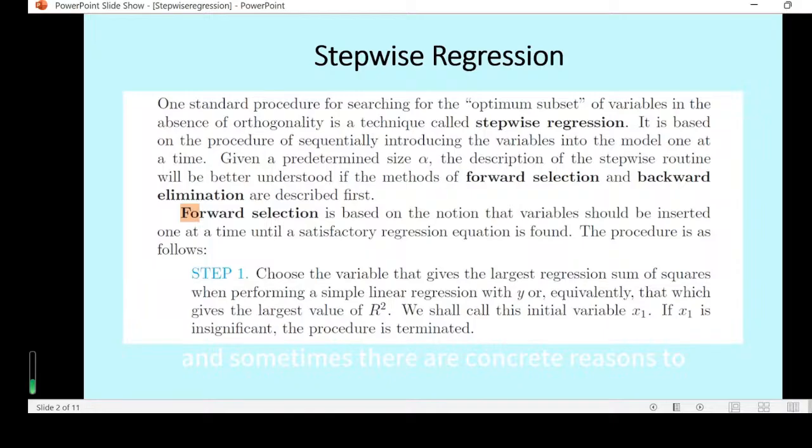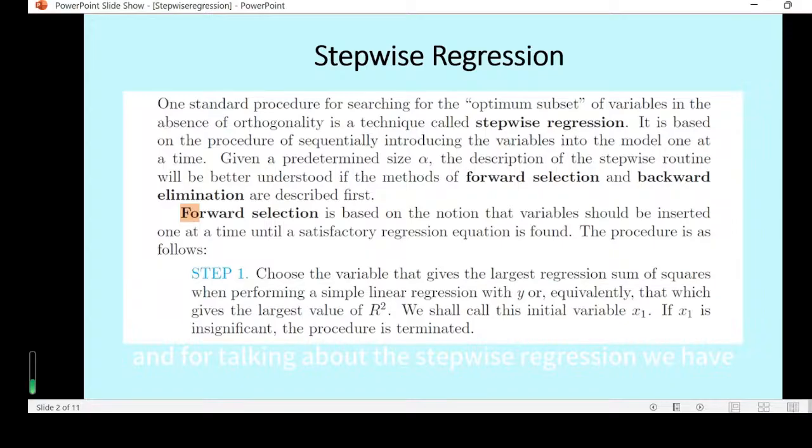Sometimes there are concrete reasons to include several important variables based on previous research questions and results. In other cases, we will include the primary variables based on the sample data. In such a situation, one approach called stepwise regression can be used.